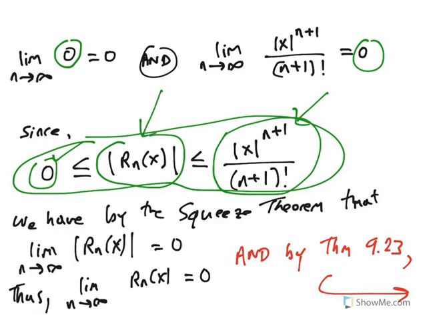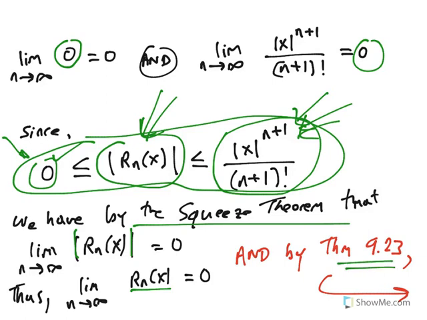Because the error is bounded between 0 and this quantity, and the limits of both boundaries as n goes to infinity are equal to 0, by the squeeze theorem, the limit of the quantity that is bounded between those two quantities as n goes to infinity must also be equal to 0. And if the error is going to 0 as n goes to infinity, so will the remainder. And that's what Theorem 9.23 is talking about.